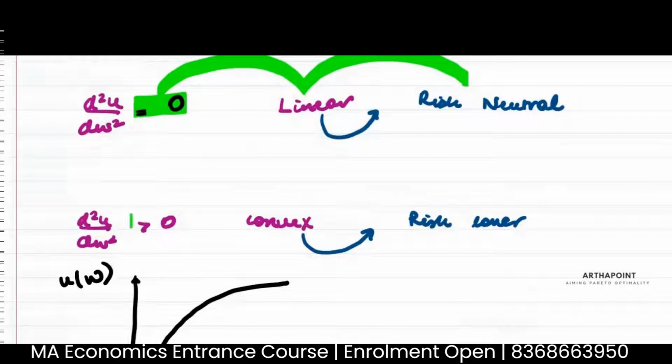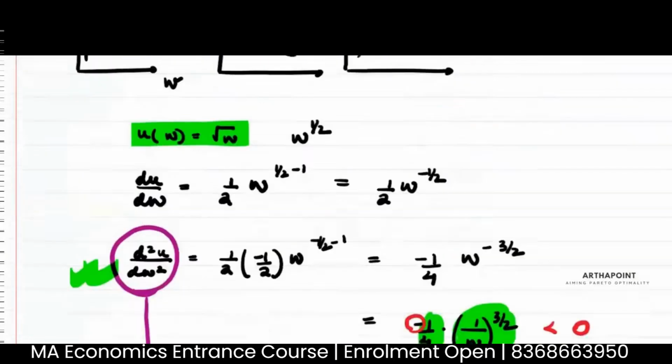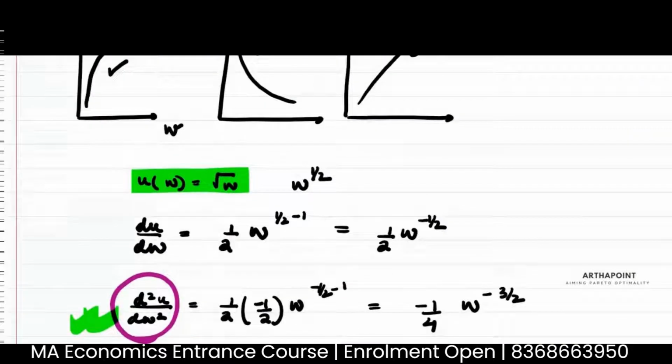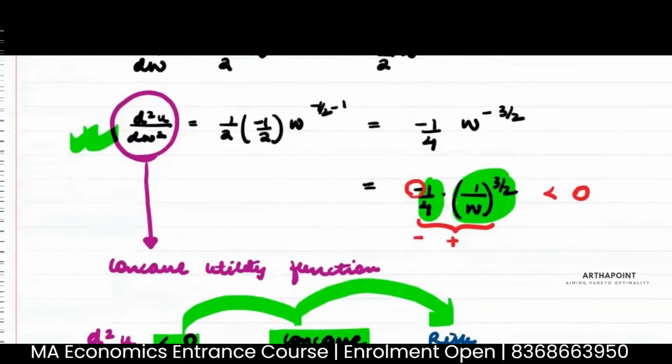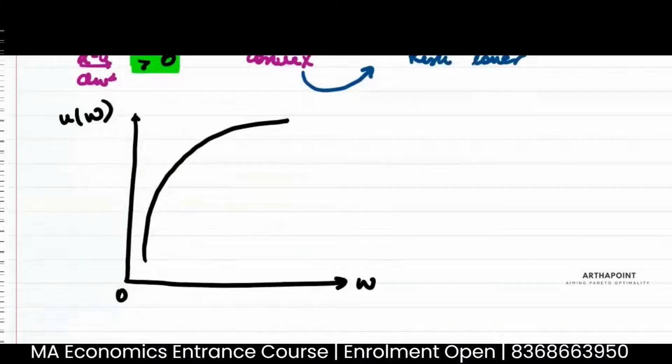If the double differentiation is positive, then I make a convex utility function and the individual is risk lover. In this question, the utility function is root W. When I find the double differentiation, it is negative, so I know that I have a concave utility function.